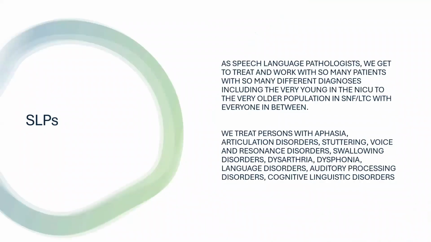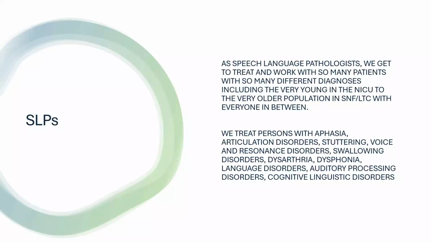So we can treat people with aphasia, which is difficulty talking after a stroke, articulation disorders, young children who stutter, that's very life-altering. So we can help them maybe do compensatory strategies to get out of the stuttering behavior, because that's socially difficult for kids sometimes.